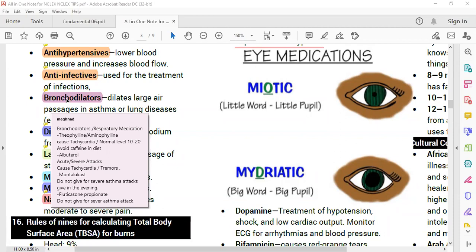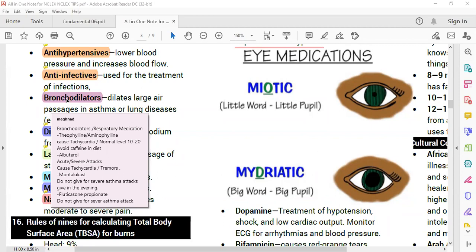We never use montelukast in an acute attack. In an acute attack, we also do not use fluticasone propionate. Montelukast takes a long time to work and is given in the evening.